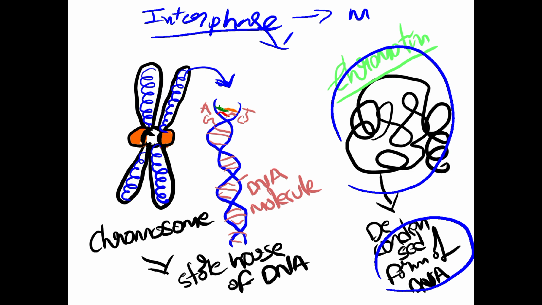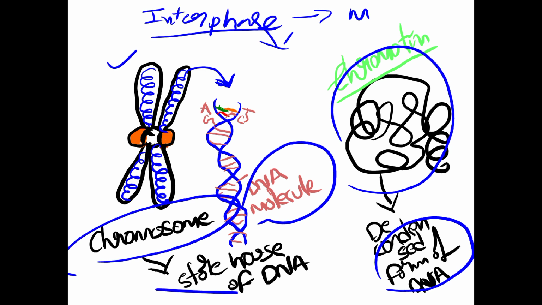During prophase, this decondensed chromatin changes into the condensed form, which is called a chromosome. The chromosome is made up of a DNA molecule, so the chromosome is called the storehouse of DNA.